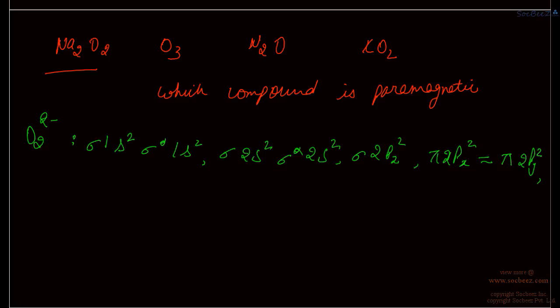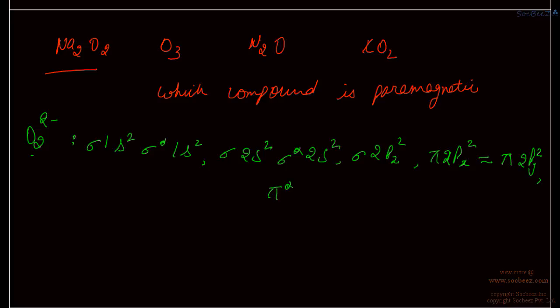That totals 2 plus 2 plus 2 plus 2 plus 2, which is 10, plus 4, 14. Oh sorry, 18: 16 from O2 and 2 extra electrons, so 4 electrons still need to be filled.